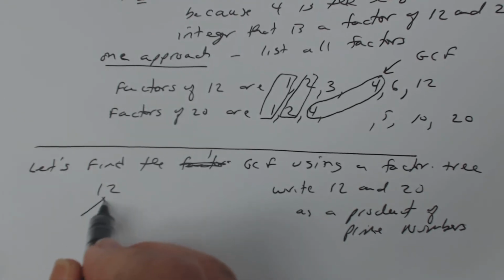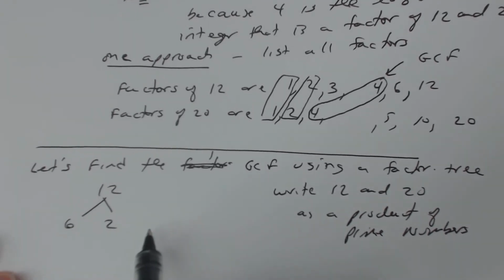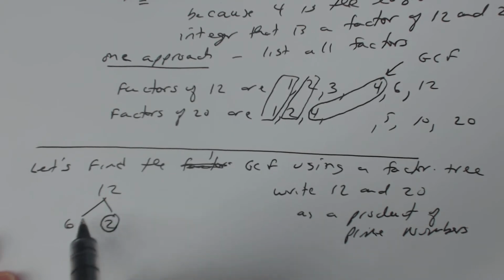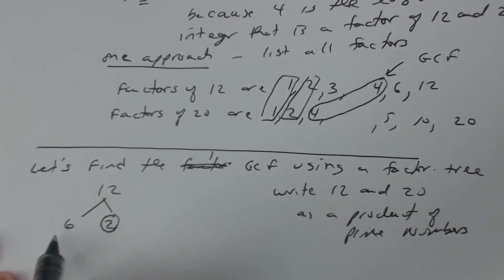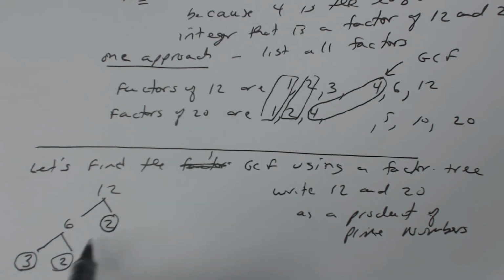So 12 we know is 6 times 2. 2 is prime, so I'm going to circle it just to remind me that I'm done with this branch of the tree. 6 is not prime. 6 is composite, so that means I can factor it further. So that's 3 times 2. So 3 is prime, 2 is prime, and I'm done with 12.